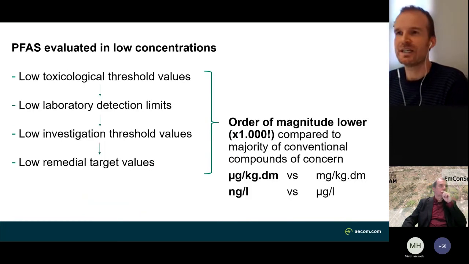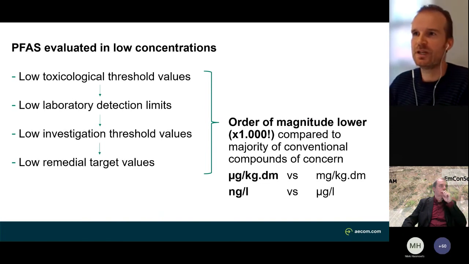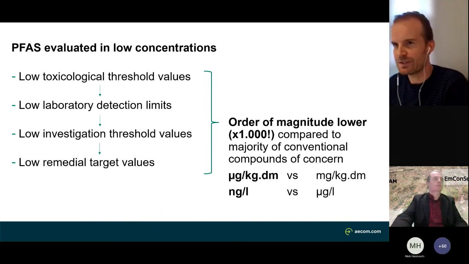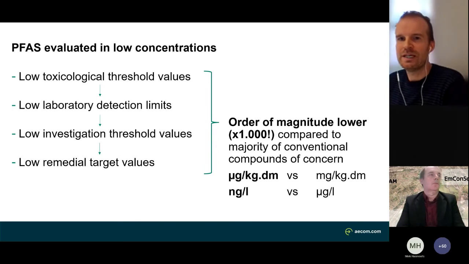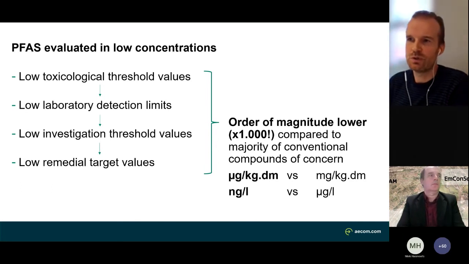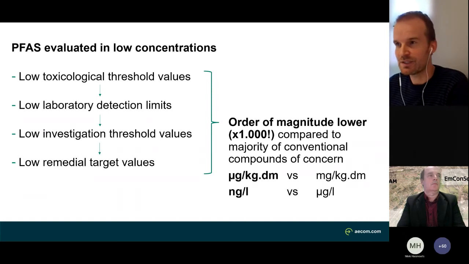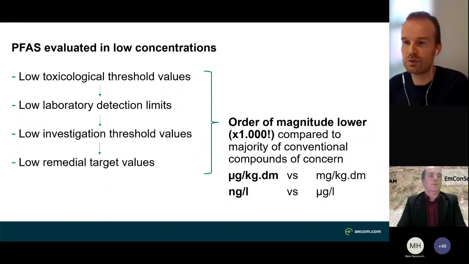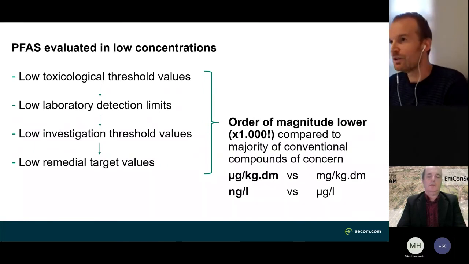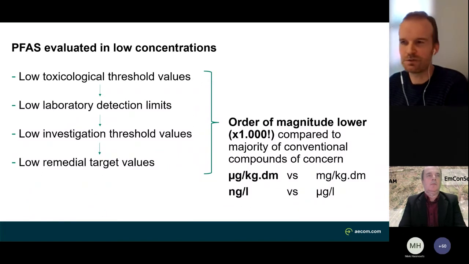The second challenge is that PFAS is evaluated at very low concentrations, with low toxicological threshold values, and they push towards low laboratory detection limits. Those are then followed by low investigation threshold values and low remedial target values. These low concentrations are an order of magnitude lower, a factor of 1,000, compared to the majority of conventional compounds of concern.